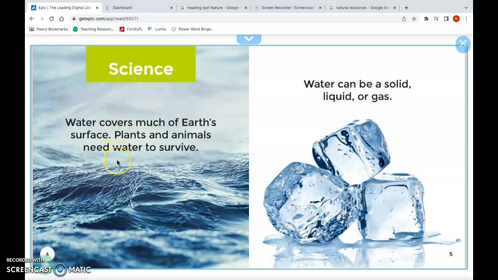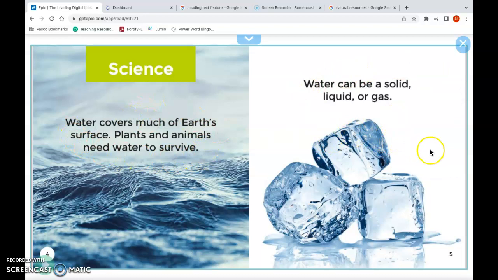Now what this text down here says is water covers much of our Earth's surface. Plants and animals need water to survive. Water can be a solid, liquid, or a gas. Friends, that is the science behind water. So that is why this is our heading of this text right here.